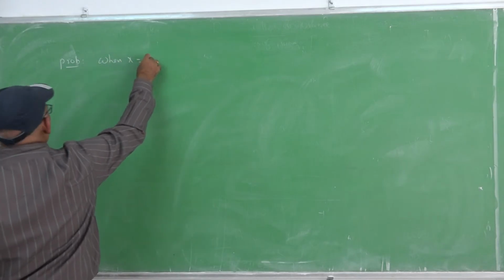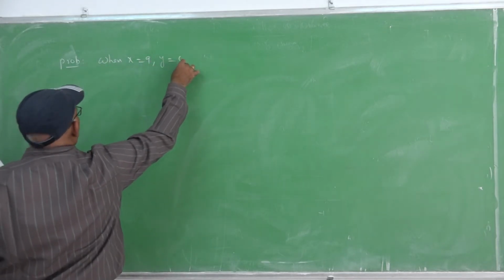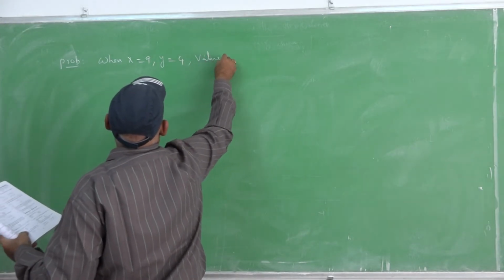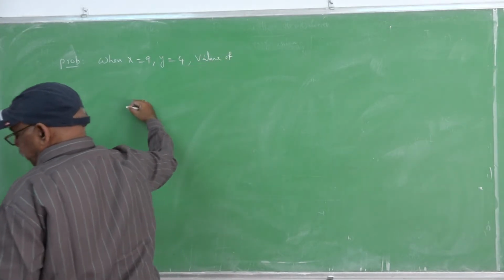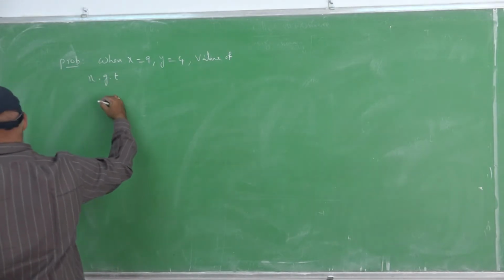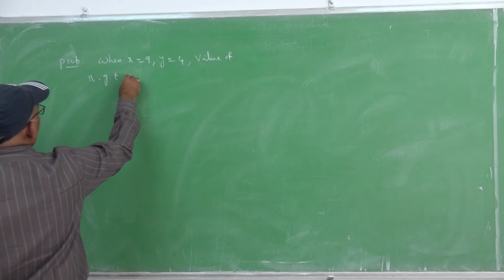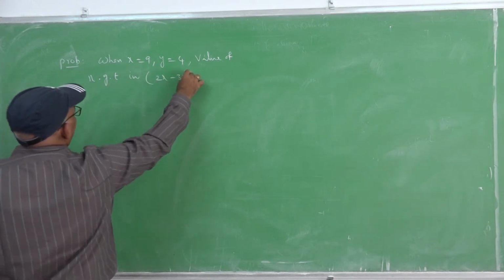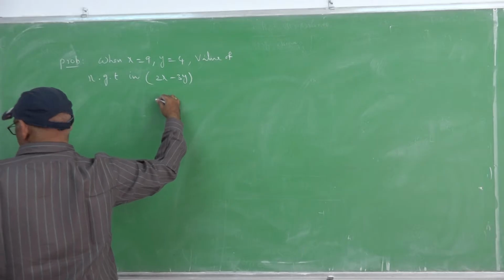When x equals 9, y equals 4, the value of the numerically greatest term in the expansion (2x - 3y)^28 is.